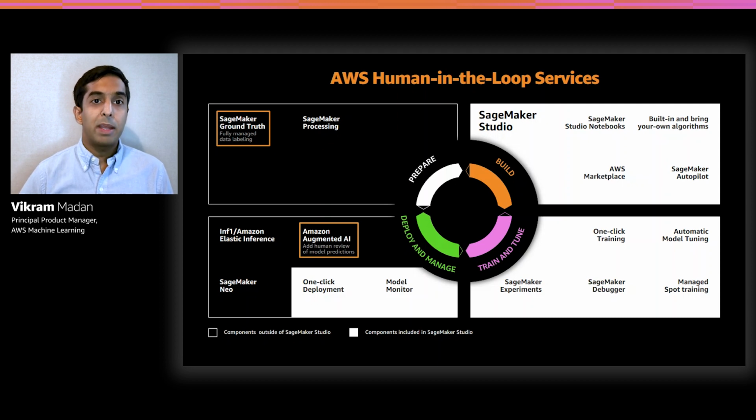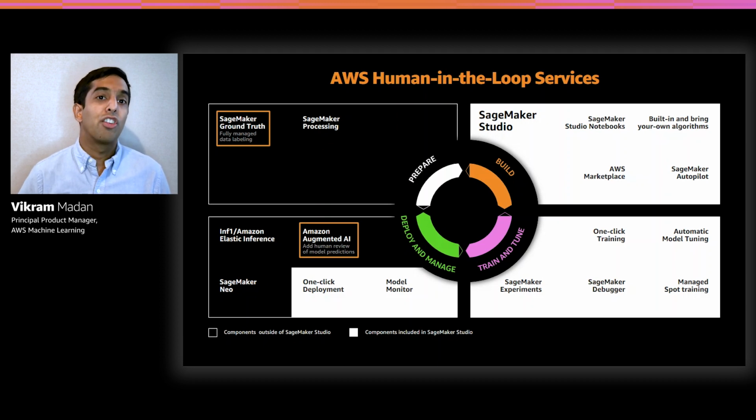Now, SageMaker is meant to help you throughout this end-to-end process. And specifically, SageMaker provides a couple of human-in-the-loop service components that you can use, first of all, in the prepare phase, where you're labeling data at scale, which is Amazon SageMaker Ground Truth, and where you can use to review predictions produced by your trained model. This is Amazon Augmented AI.